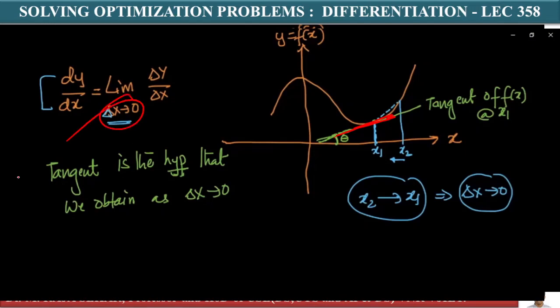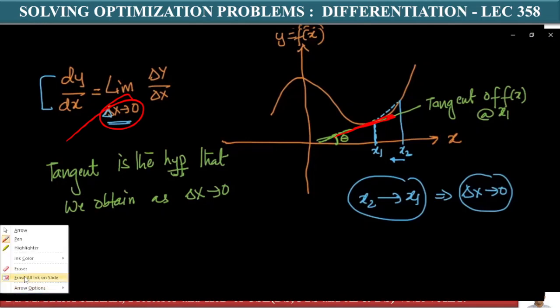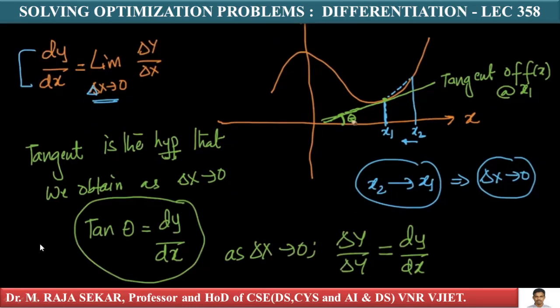Now tan theta is nothing but dy by dx, because theta is what I got. As delta x goes to 0, delta y by delta x becomes dy by dx, isn't it?